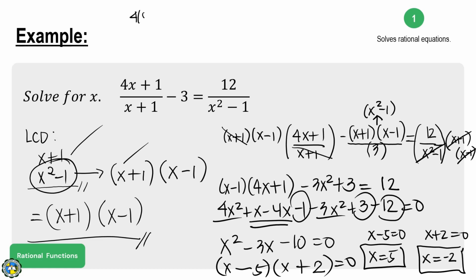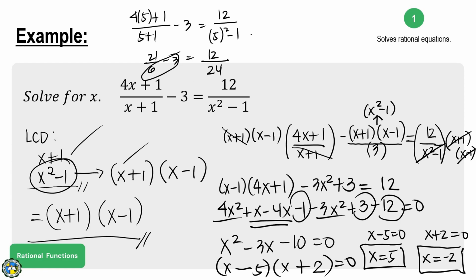So, 4 times 5 plus 1 all over 5 plus 1 minus 3 equals 12 over 5 squared minus 1. So, 20 plus 1 is 21 all over 6 minus 3 equals 12 over 25 minus 1 is 24. Simplify this, we have 21 minus 18 all over 6 and that is 3 over 6.